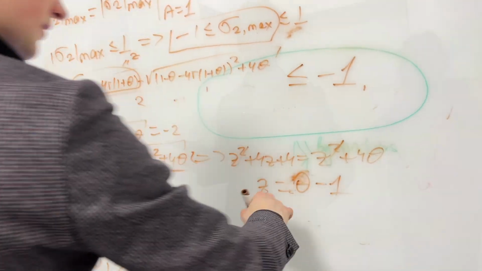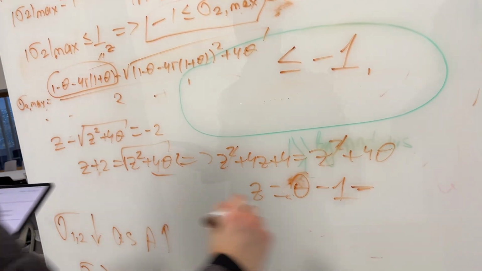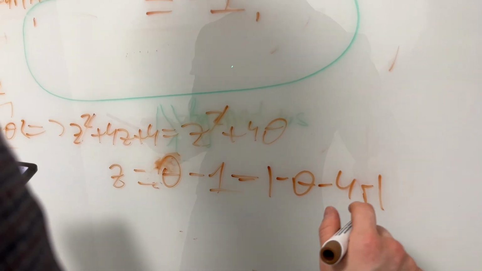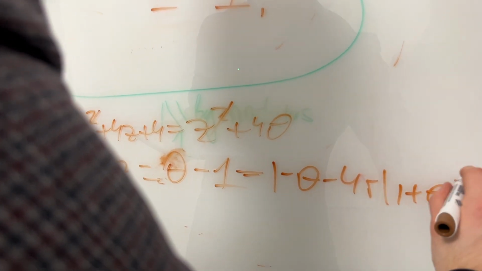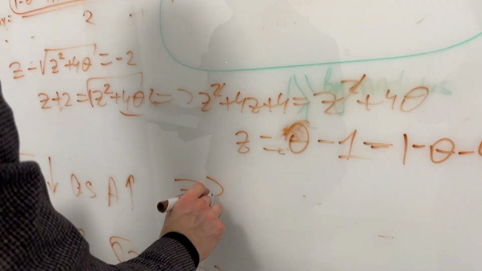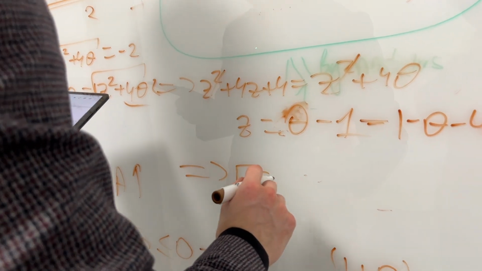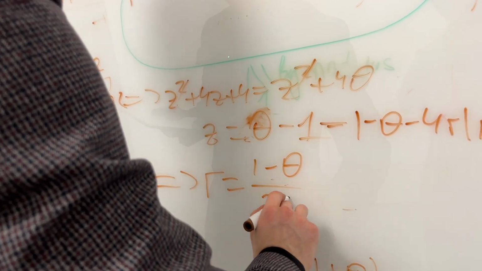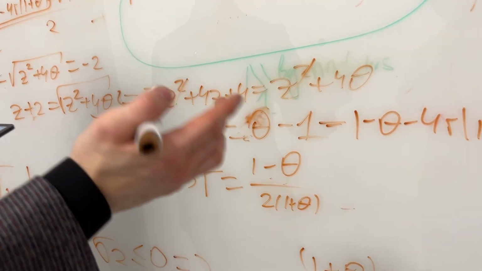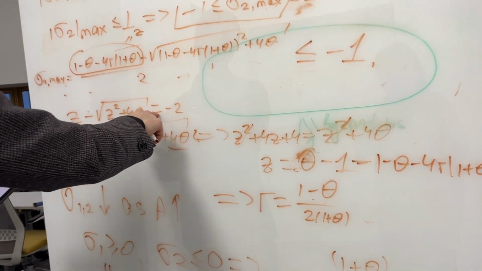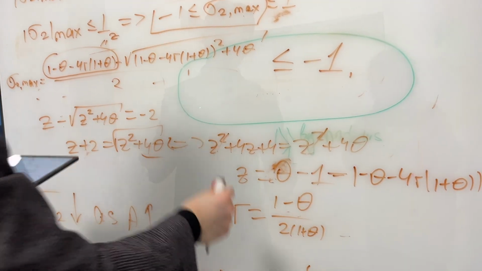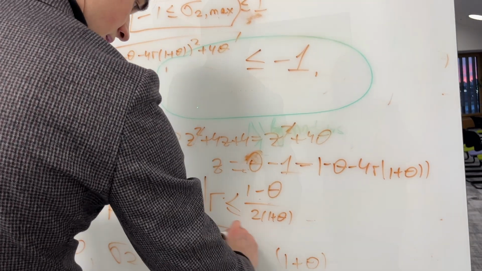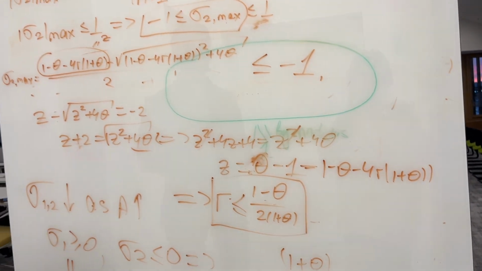And from here, since theta is equal to 1 minus theta minus 4r times 1 plus theta, you get your r. It follows that r is equal to 1 minus theta divided by 2 times 1 plus theta. And now, since we solved when it's equality and we need inequality, you can check it and you need these values. So this is the answer for your problem.